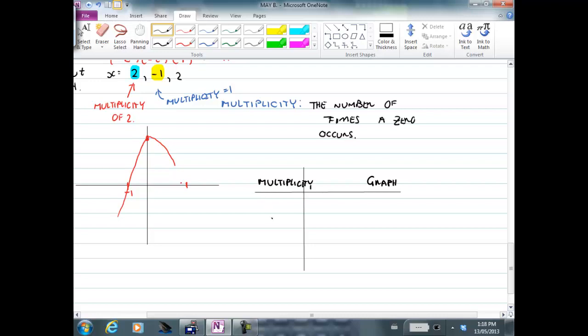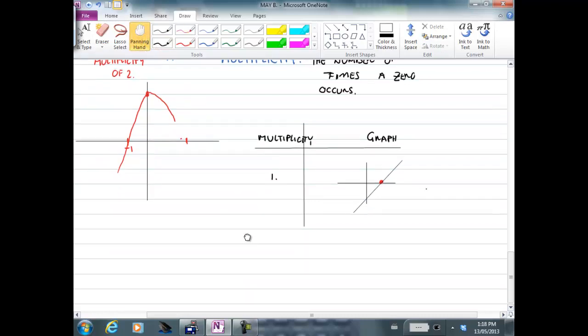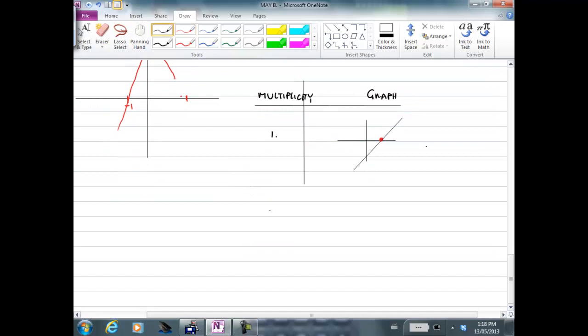If it's a multiplicity of 1, let's say I have 1 x-intercept. Your graph goes right through it. Okay? It has to go right through it. That's what a multiplicity of 1 represents. A multiplicity of 2, what your graph does is this. So here is a multiplicity of 2.